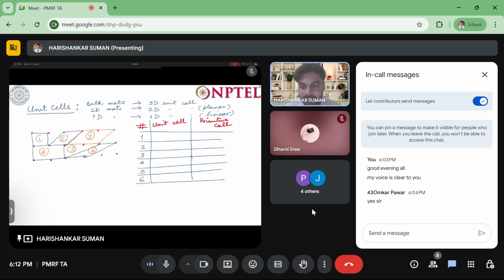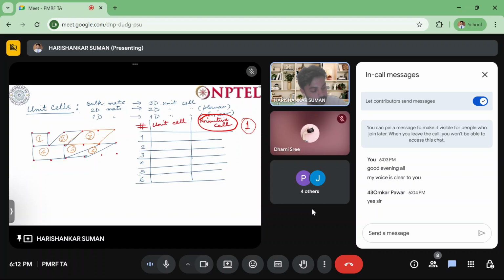Okay, so let's discuss the examples. Unit cells 1, 2, 3, 4, 5, 6 are the areas we marked in 2D for the unit cells. Please verify whether these are unit cells or not, which ones are unit cells and which are primitive unit cells. For a primitive unit cell, only one lattice point should be inside.